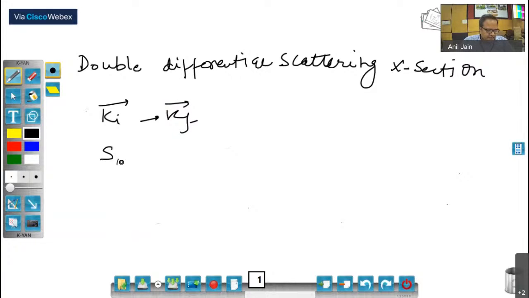The neutron changes its spin from Si to Sf after scattering, and the state of the scattering system changes from the initial state to the final state.